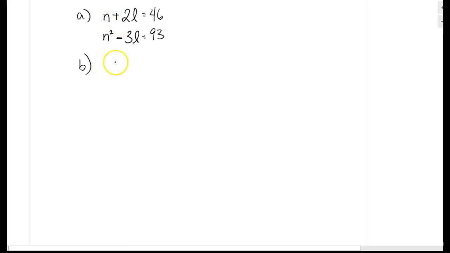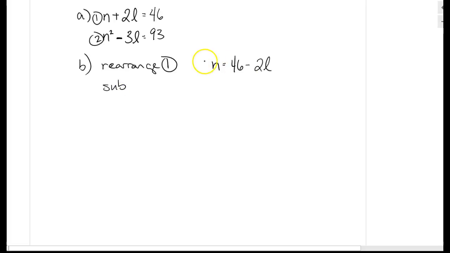So for substitution, what I'm going to do is number my equations so that I know. I'm going to rearrange. That's the first thing I'm going to do. So n equals 46 minus 2l. Then I'm going to substitute, and I'm going to call this equation 3.